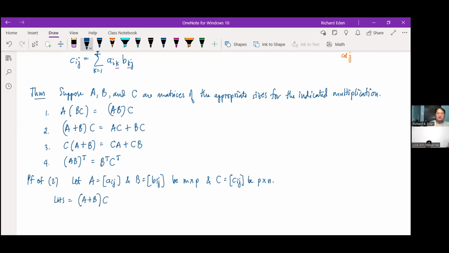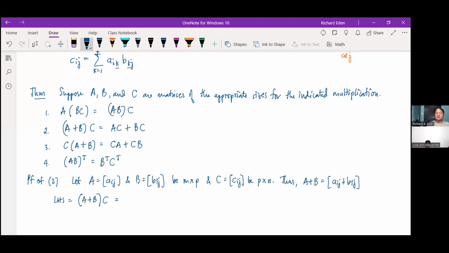multiplied to C. But then we know that when you add a matrix, you're just adding term by term. So the entry in row I column J will be A sub ij plus B sub ij.